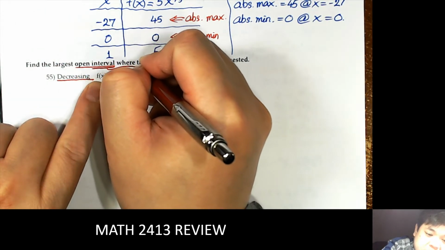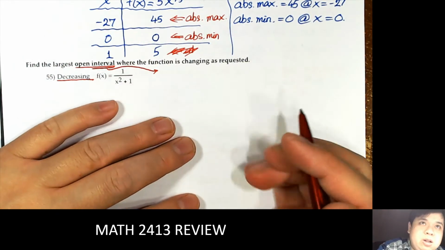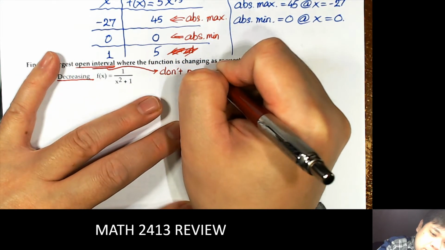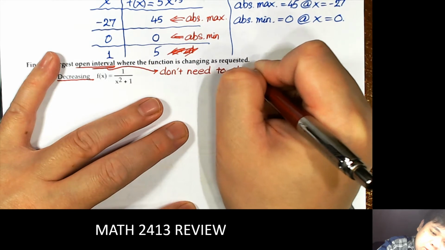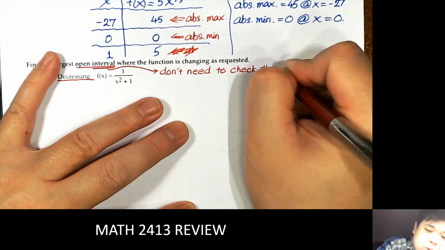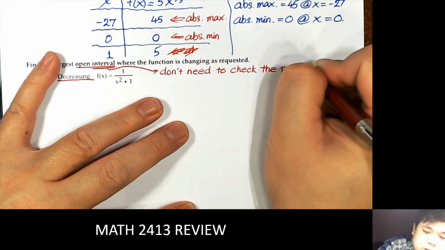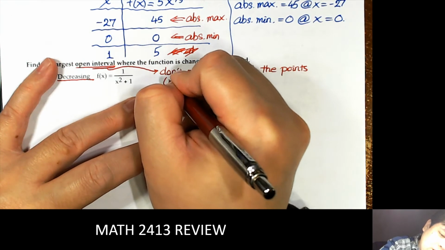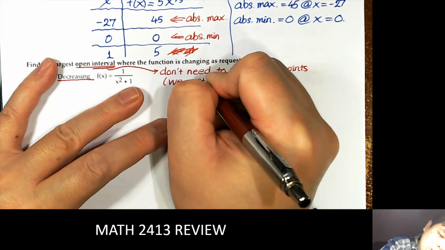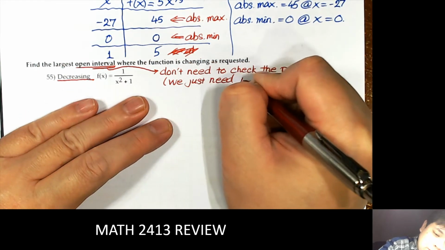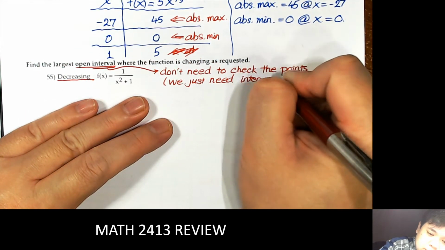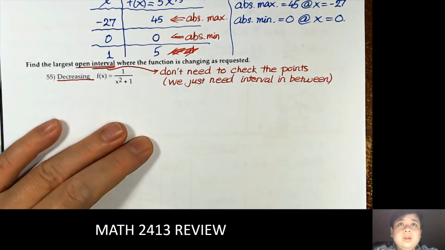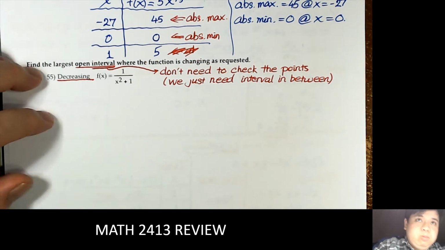So we don't really need to check to see what happened at the points. To check for the critical points, we just need an interval in between. But overall, it's still the same thing.